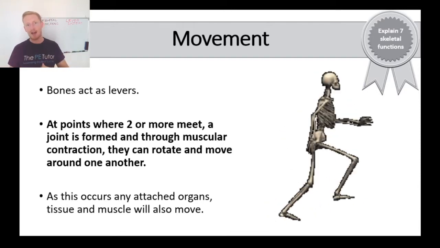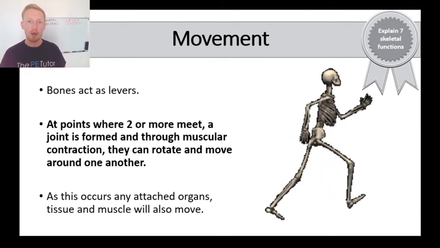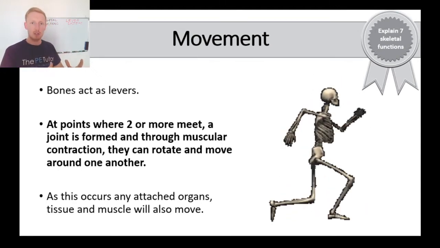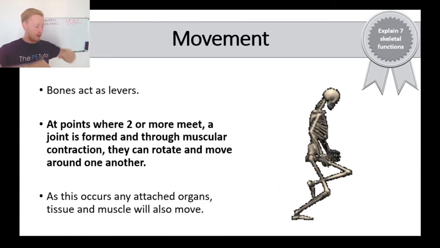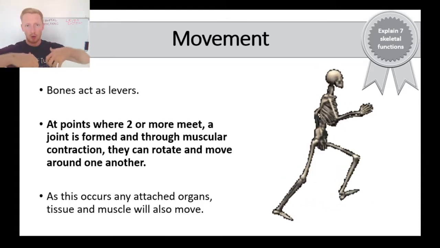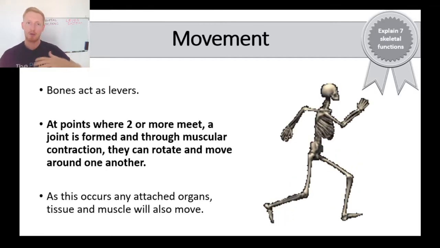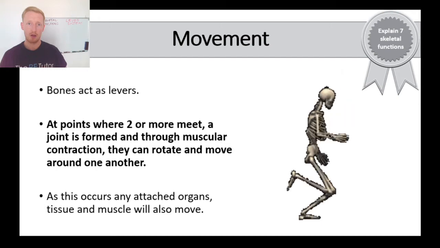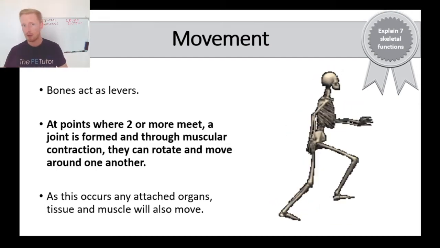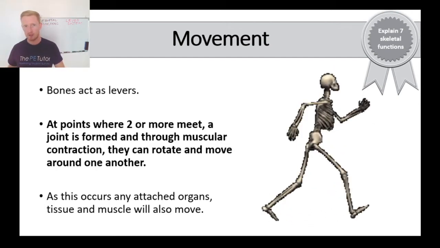We need to have its partner in crime. It needs to have muscle attached to it. Because without the muscle attached to the bone, that bone is just going to be left there, not lifeless because it's got its own blood supply and everything inside of it, but motionless, we could say. A bone can't move without a muscle attached to it, pulling on it.